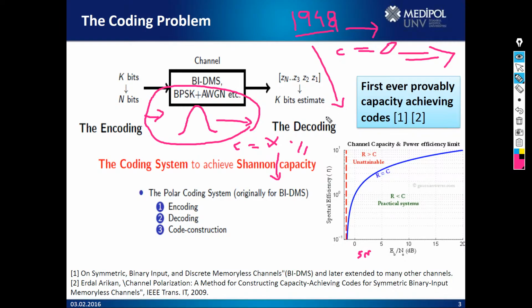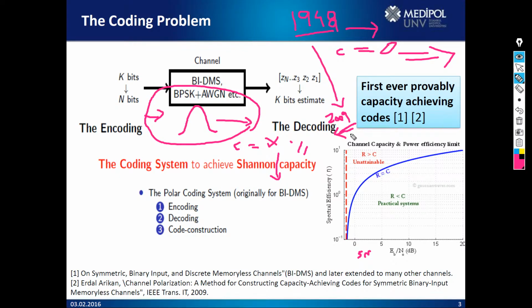Then in 2009, a paper called Channel Polarization, on polar coding, by Professor Erdal Arikan was introduced, and in that paper they explained the fundamental functionality of polar codes, which was proven to achieve the capacity that Shannon talked about 60, 70 years ago.